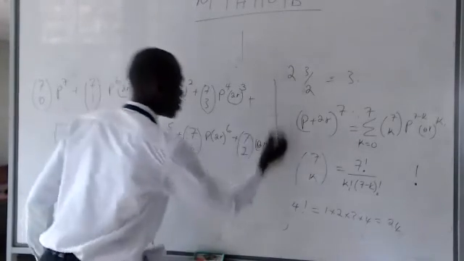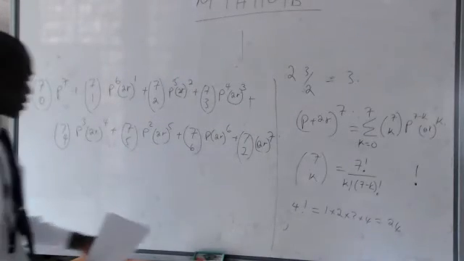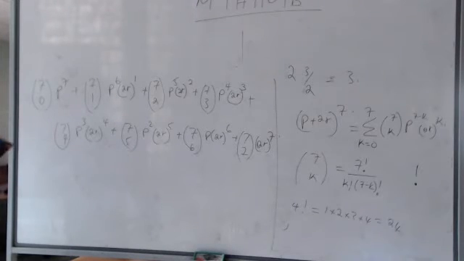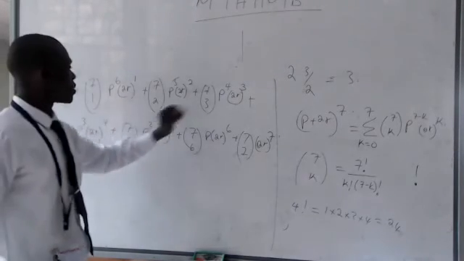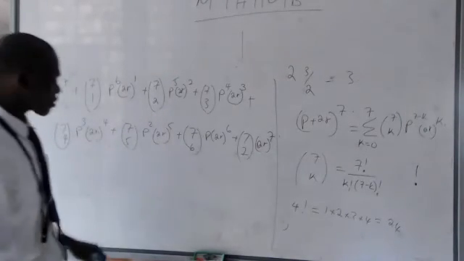We know p to the 0 is going to be 1, so there's no need of writing it. Now all you need to do is find 7 combination 0, 7 combination 1, 7 combination 2, 7 combination 3, 4, 5, 6, and 7.